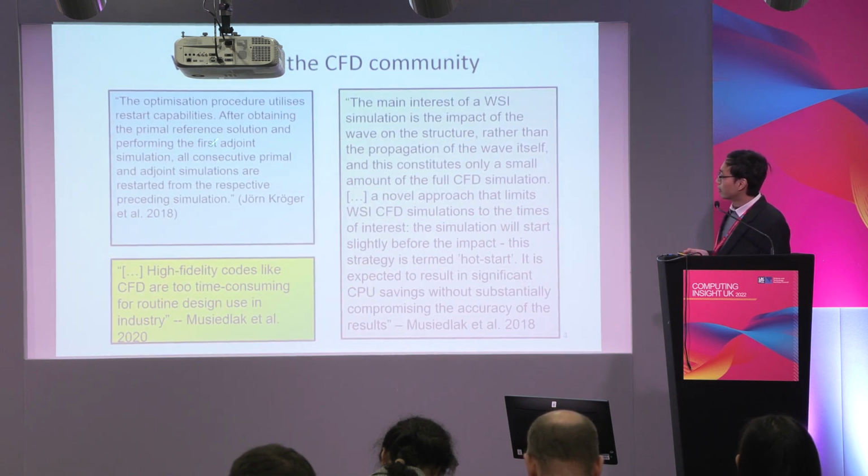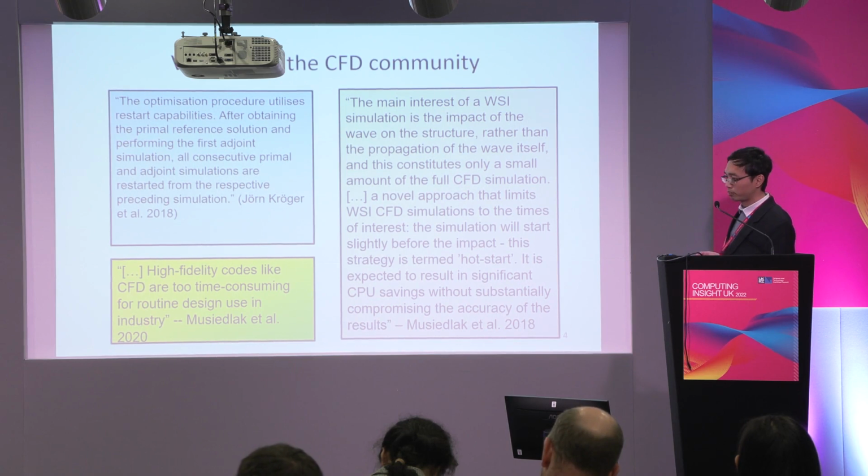These are some notes from the CFD community that I mentioned earlier. In wave-structure interaction, the people from Plymouth have seen this, and they already recommend this practice in the handbook of wave-structure interaction, so they can cut the cost of simulating the whole scenarios.